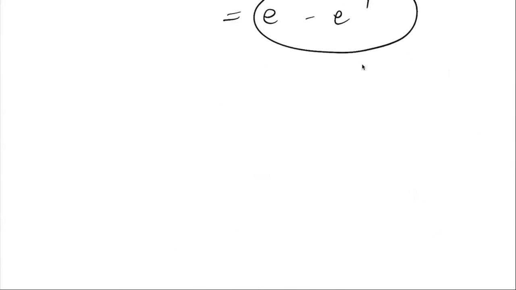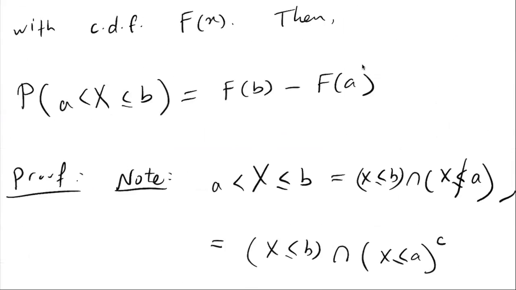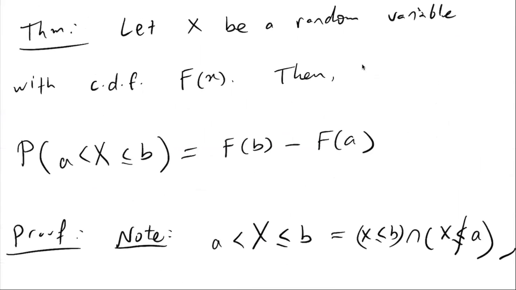Now what did we show above? So for part B, P of X between 1 to 4. If you remember, the theorem was telling us that P of X bigger than A less than or equal to B is capital F of B minus capital F of A. Here we have P of X bigger than 1 less than 4, but because it's a continuous random variable, it doesn't matter.